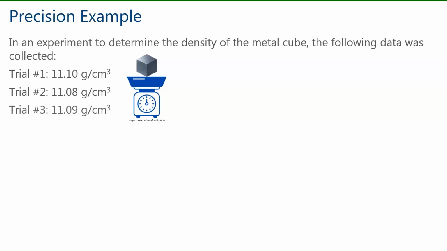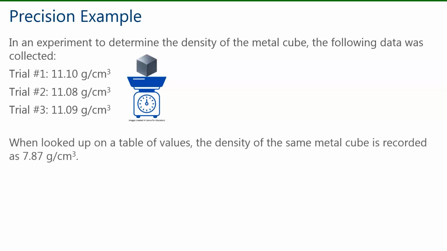And in trial number 3, they got 11.09 grams per centimeter cubed. When looked up on a table of values, the density of the same metal cube is recorded as 7.87 grams per centimeter cubed. So the question is, is this data precise?